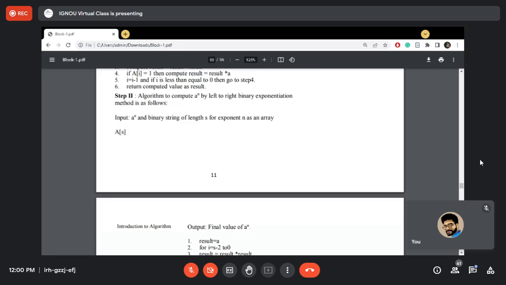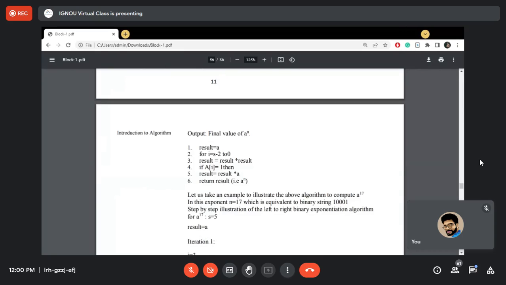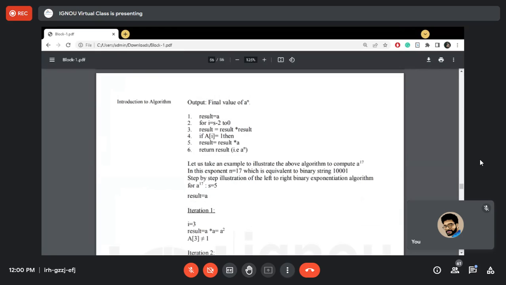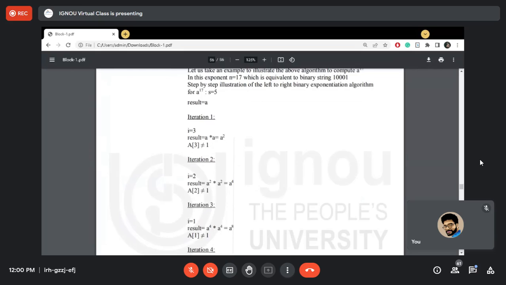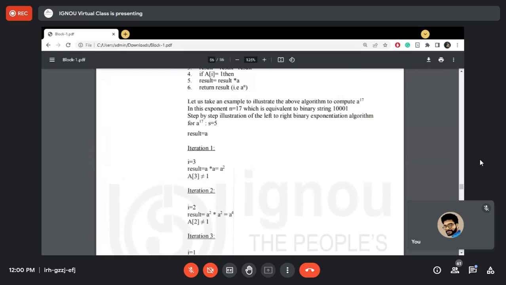So let's take one example to compute this. We took one example here to illustrate the above algorithm to compute a to the power 17. For 17, what binary number do we have to write? 10001.